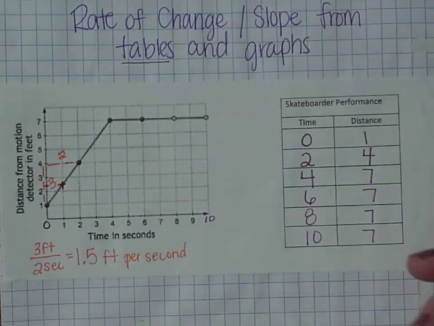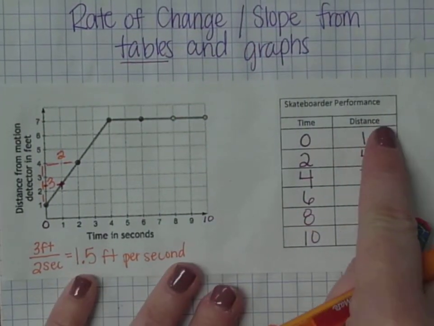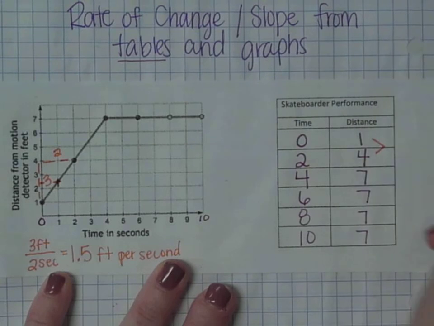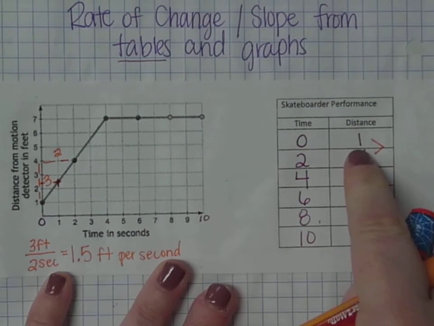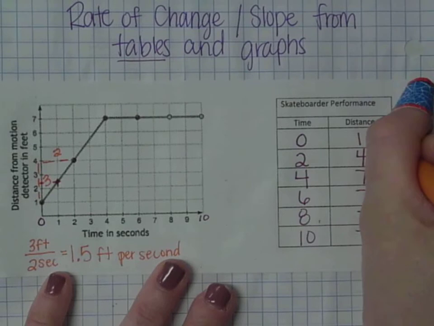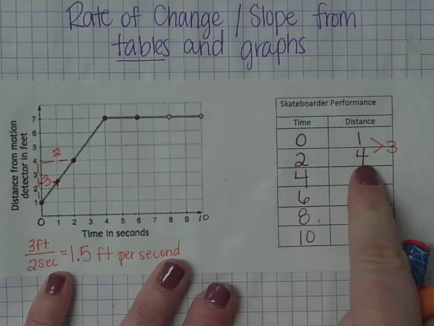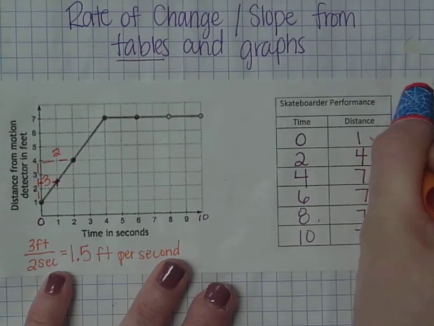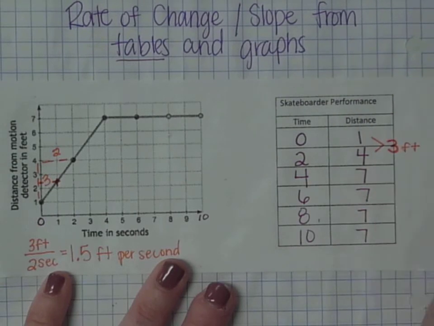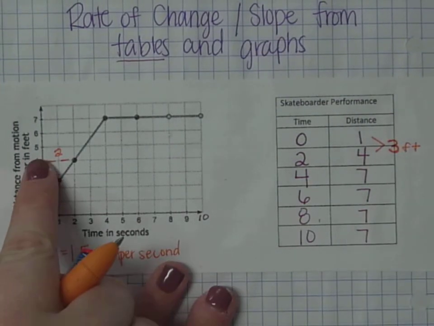Okay, so now let's look at that over here on the table. From 1 to 4, I want you to think about how much did that go up? From 1 to 4, it changed by 3. Notice it was going up, so you would put a positive 3. So that's 3 feet. Notice it's the same thing here.